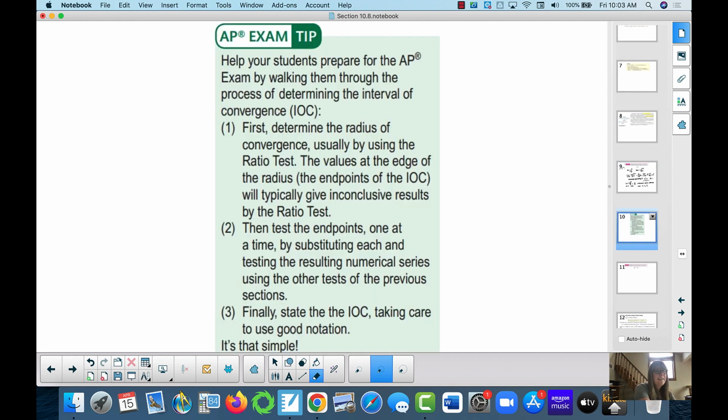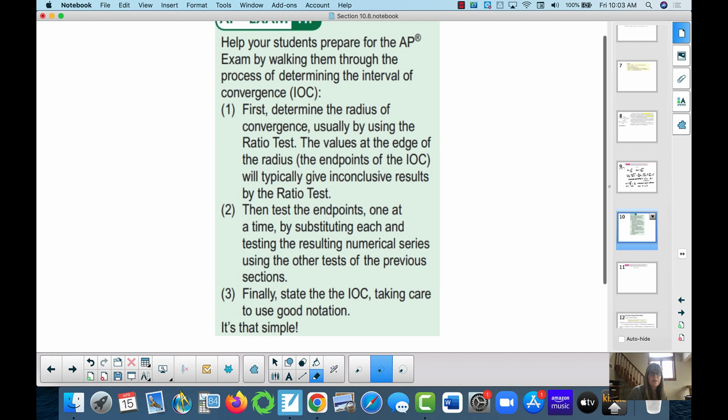So this is a good rule of thumb anytime you have a power series and you want to find the interval of convergence. First, use the ratio test to determine the radius of convergence, and that will tell you where the endpoints of the interval of convergence are going to be.